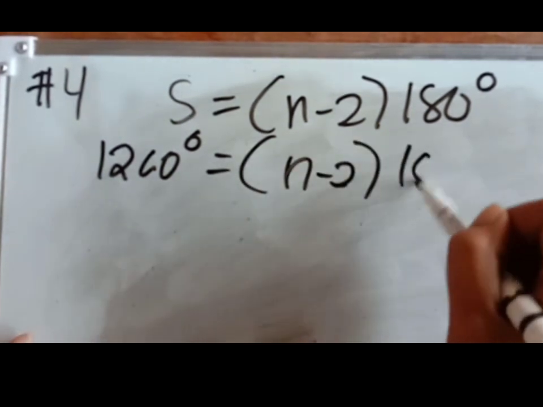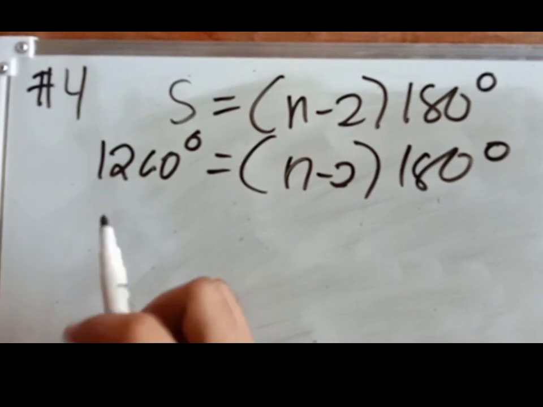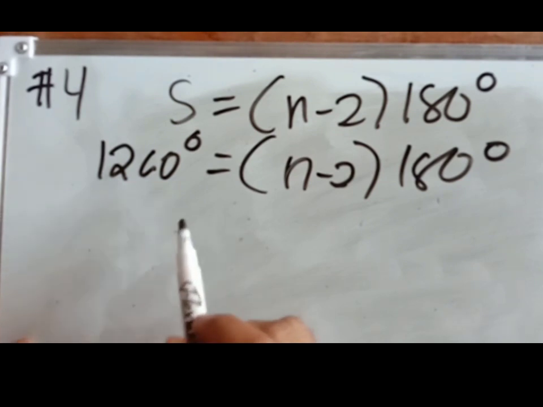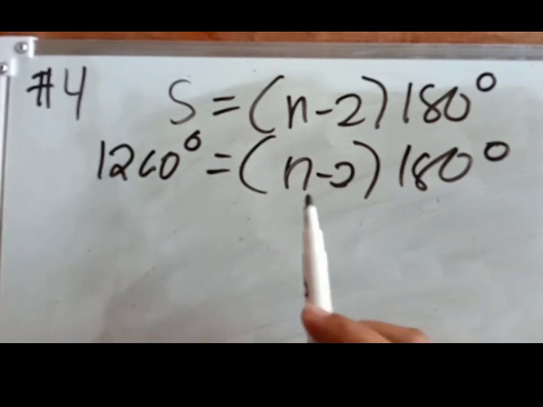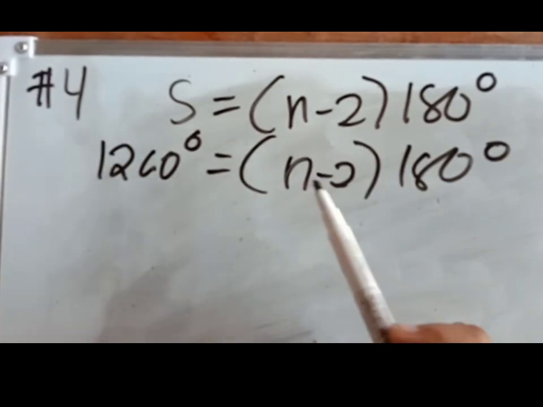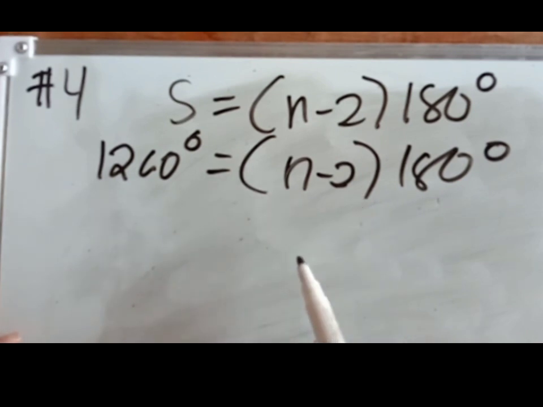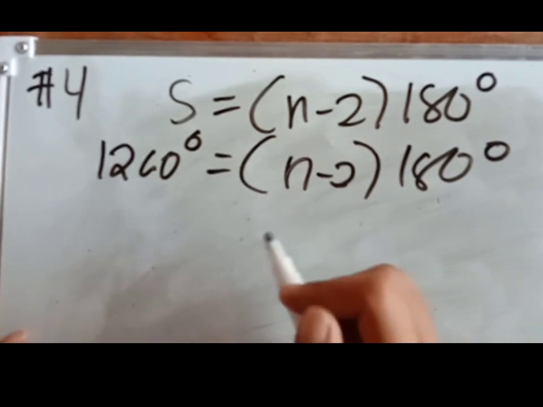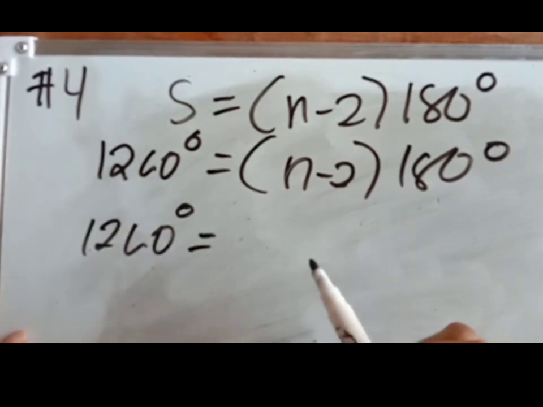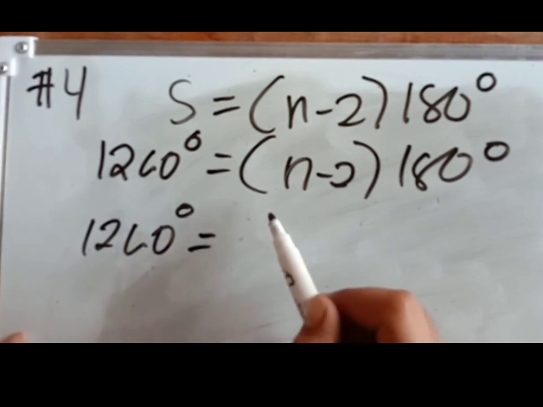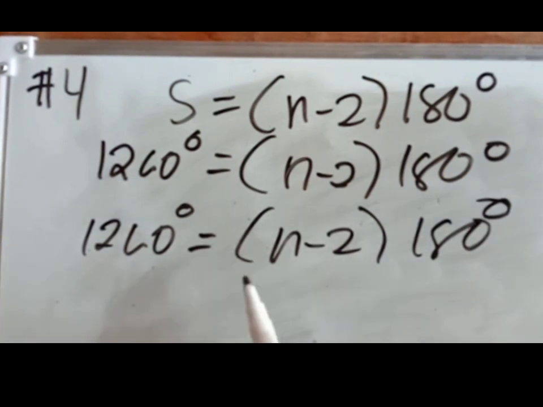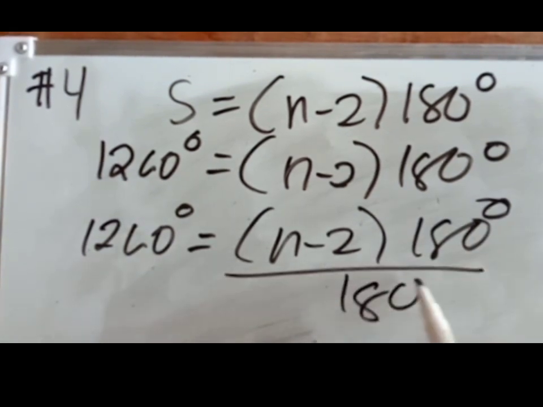Let's copy. In this time, we will divide by 180 on both sides so that the n minus 2 will remain.